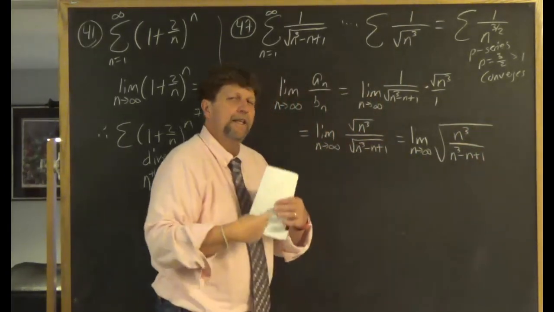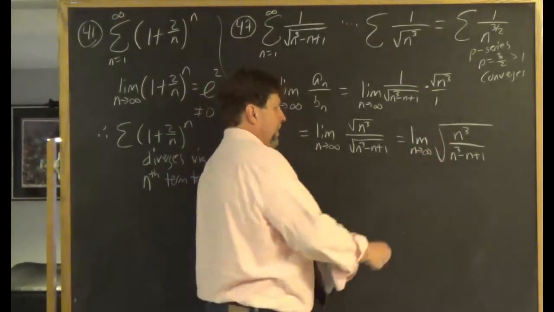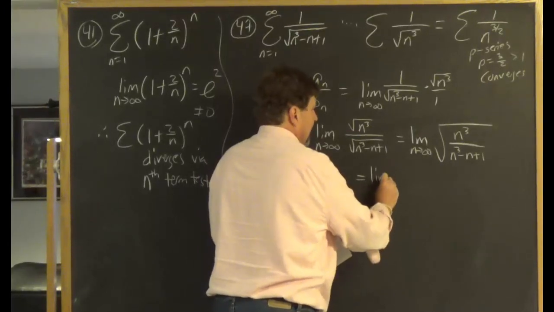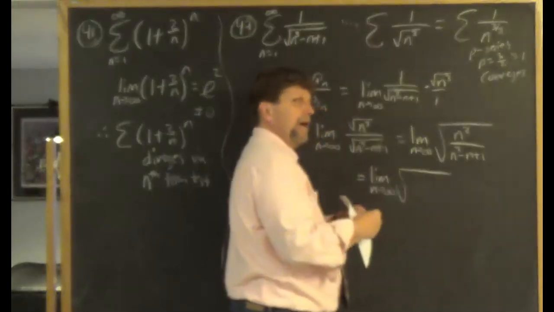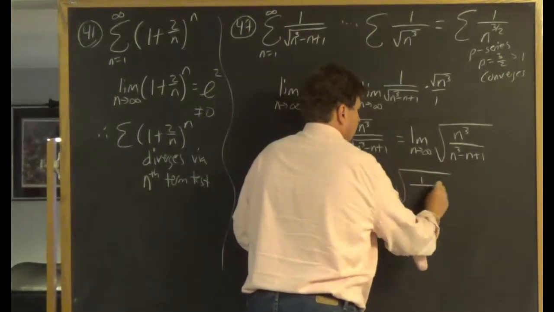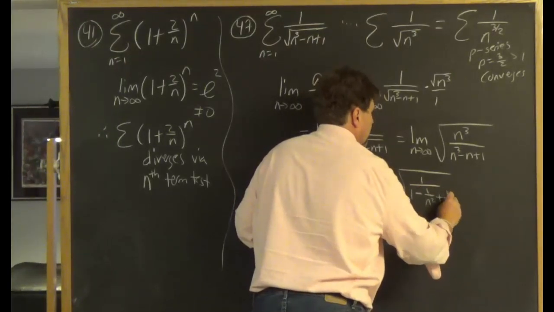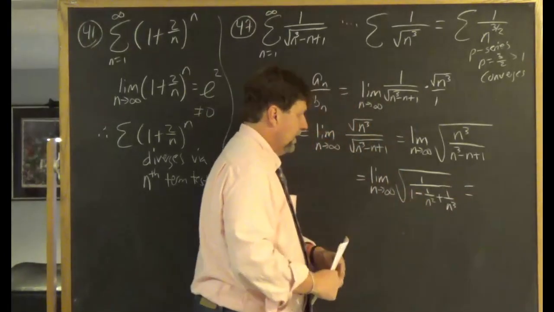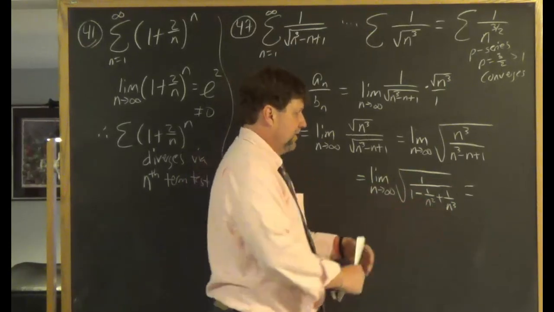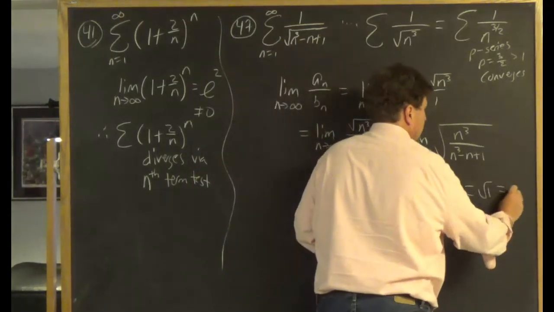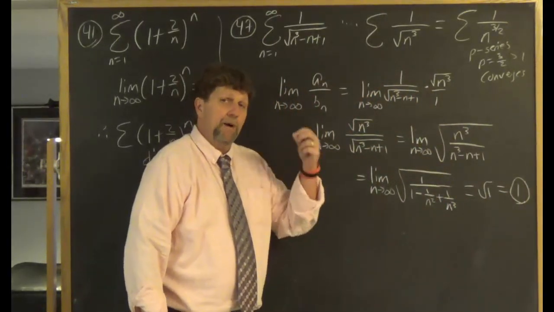And we're starting to see these techniques often now. You know what I'm going to do now? I'm going to divide everything in the numerator and everything in the denominator by n cubed to get 1 over 1 minus 1 over n squared plus 1 over n cubed. So then the limit as n goes to infinity, that's 1, that's 1, that's 0, that's 0. So I'd have the square root of 1, which is 1, which is most definitely finite and positive.